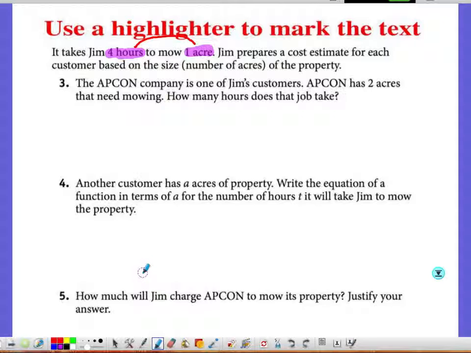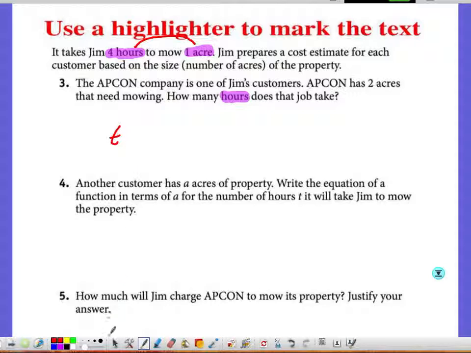The AppCon company is one of Jim's customers. AppCon has 2 acres that need mowing. How many hours does that job take? So in the end, we want to find what hours are. So that's going to be my output, T.